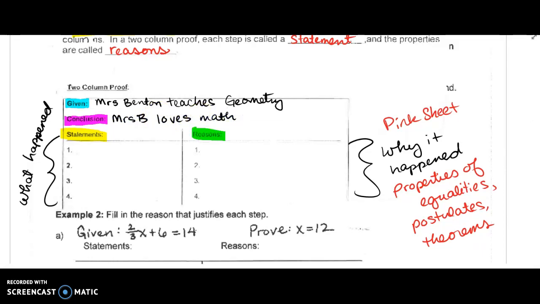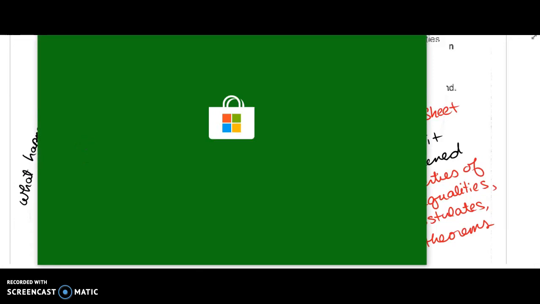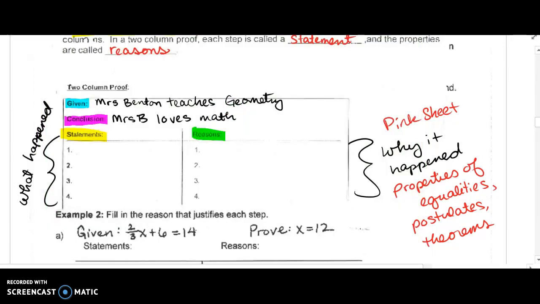All right, so Ms. Benton teaches geometry. That's our given statement. And your given statement always is your very first statement of your two-column proof. Ms. B teaches geometry.